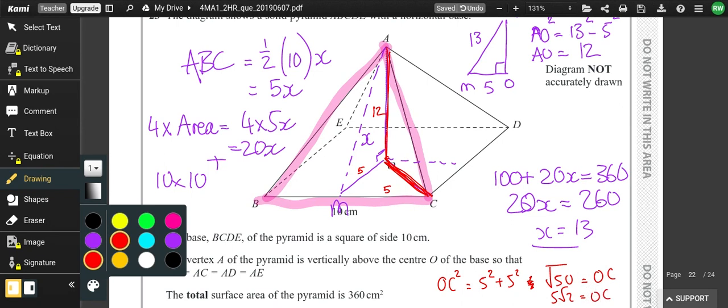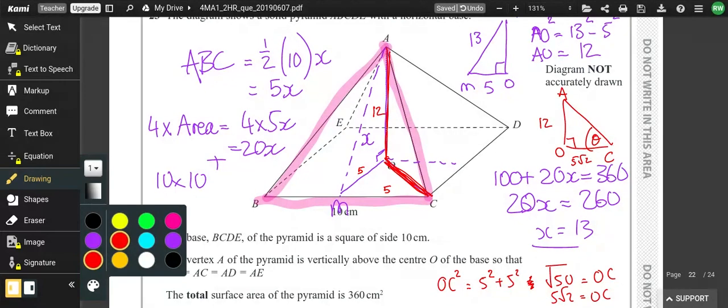So now we have a triangle AOC, and we need this angle here. Okay, so we've got 12, and OC we just worked out as 5 root 2.